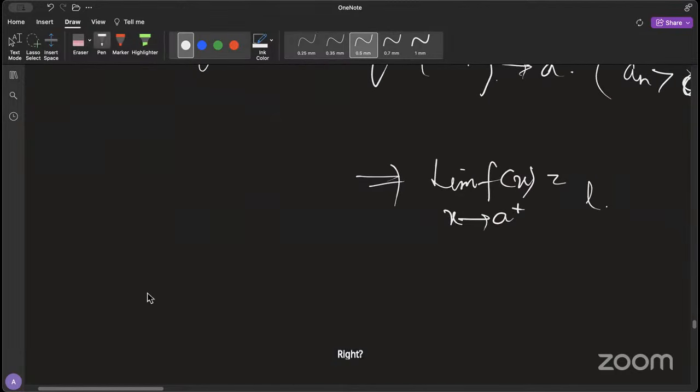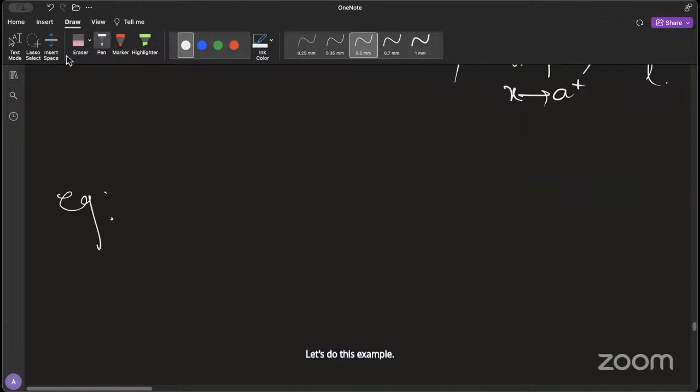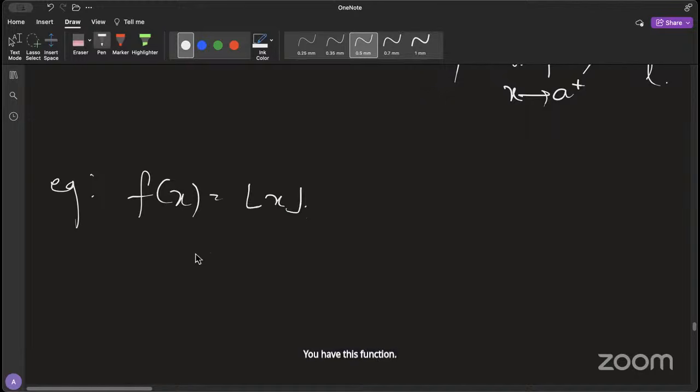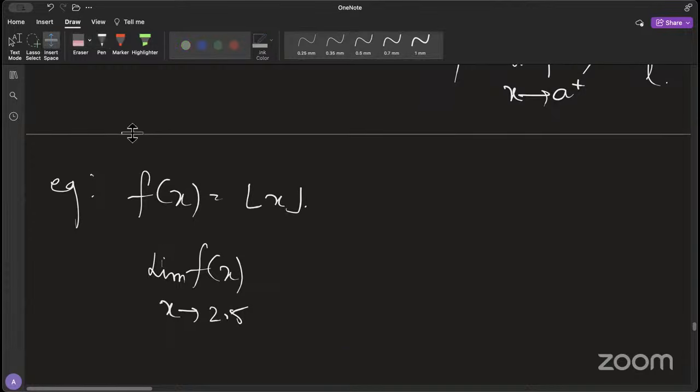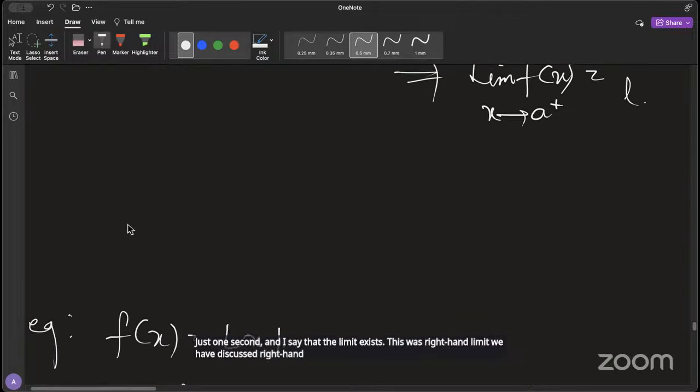For example, let's do this example. Let's say you have this function, and I have to find the limit of f(x) as x tends to 2.5. This was the right-hand limit. We have discussed right-hand limit and left-hand limit.